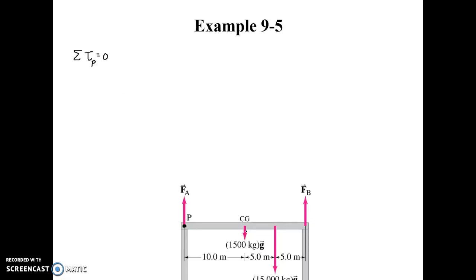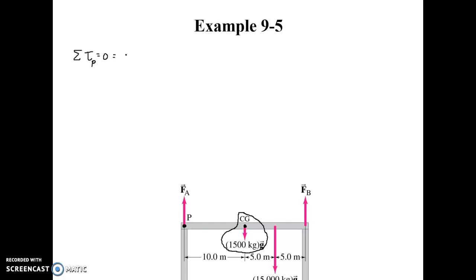So what are the various torques? Well, each torque is caused by a force. So we've got this one right here caused by the self-weight of the beam itself, which is applied at the middle of the beam. The beam is 20 meters long, so we can describe it as a point load at the midspan, 10 meters over.